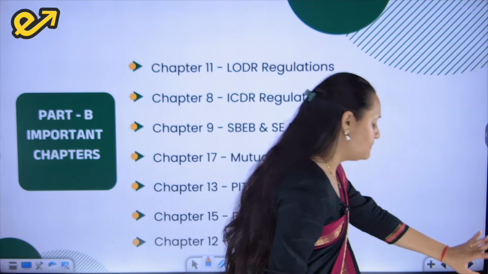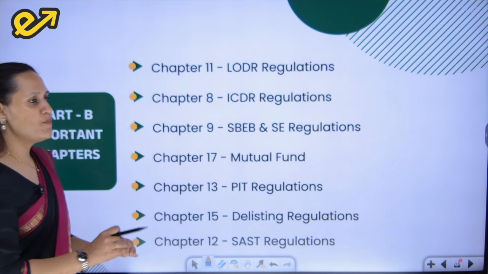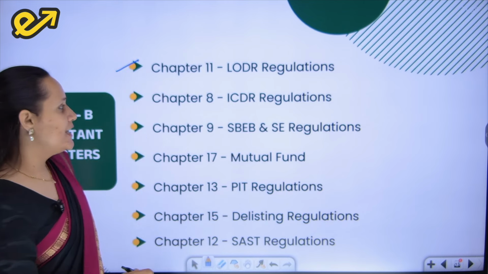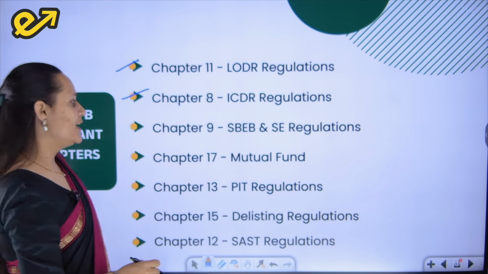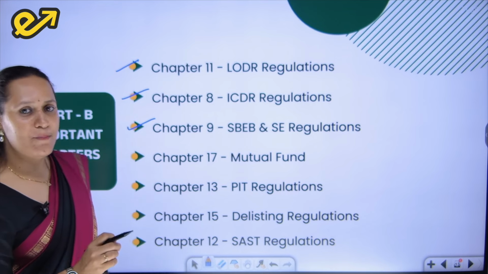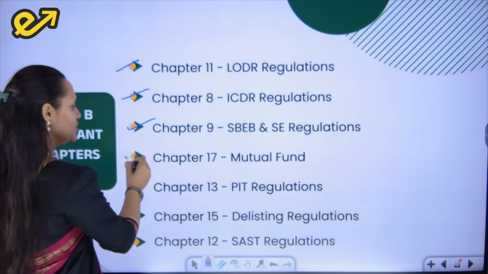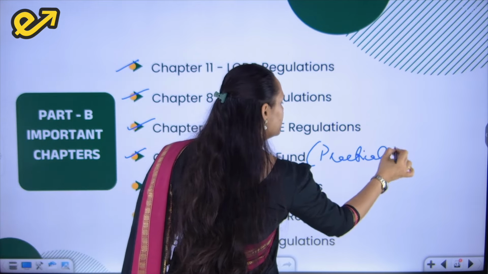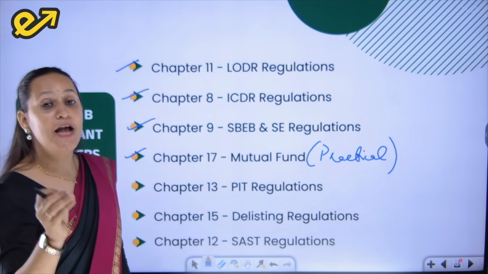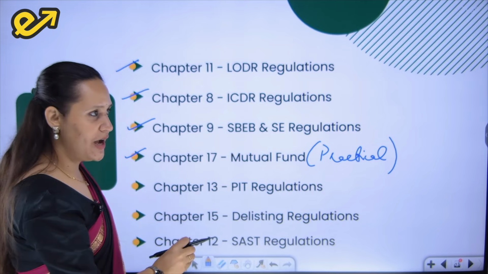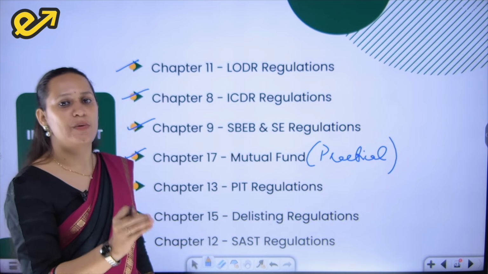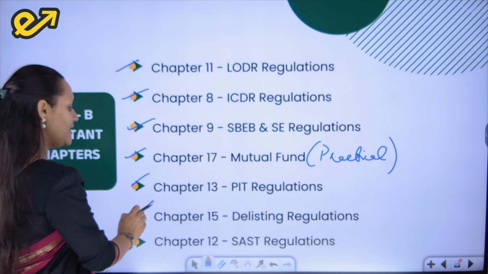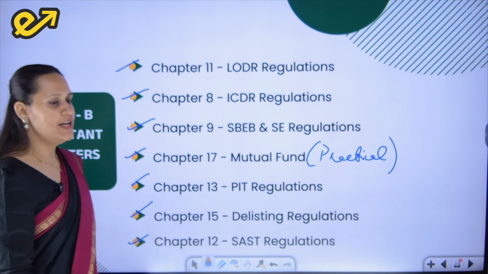From part B, if we talk, we have important chapters: Chapter 11 LODR regulations, Chapter 8 ICDR regulations, Chapter 9 share-based employee benefit and sweat equity regulations, Chapter on mutual fund, very important for practical questions. Definitely over a period of time, Institute has constantly been asking numerical questions from this particular chapter. Mandatorily in every paper, there is one numerical question on mutual funds, PIT regulations, delisting regulations and SAST regulations.